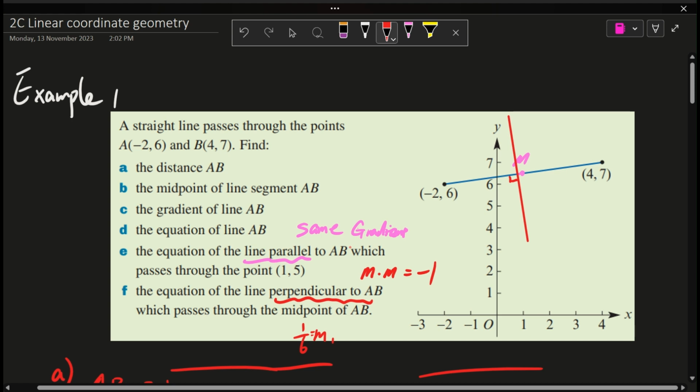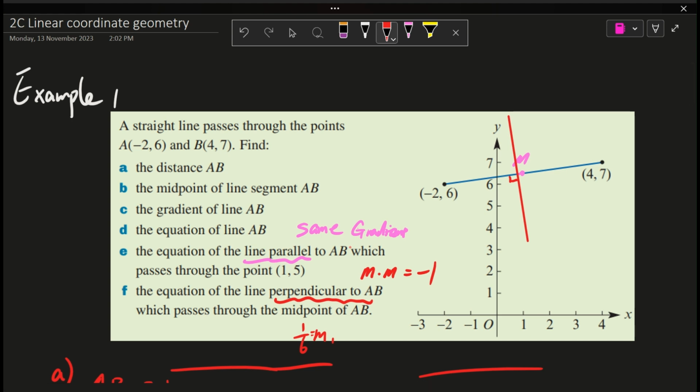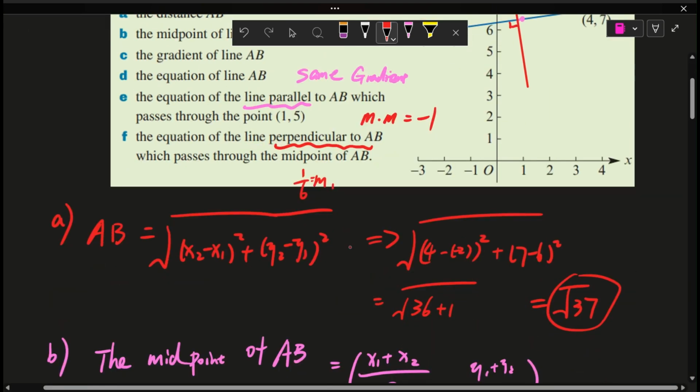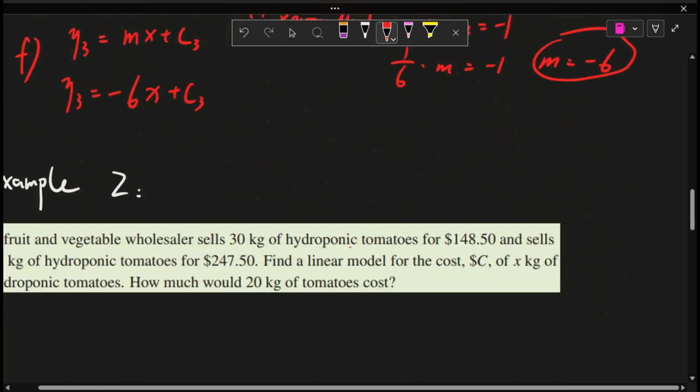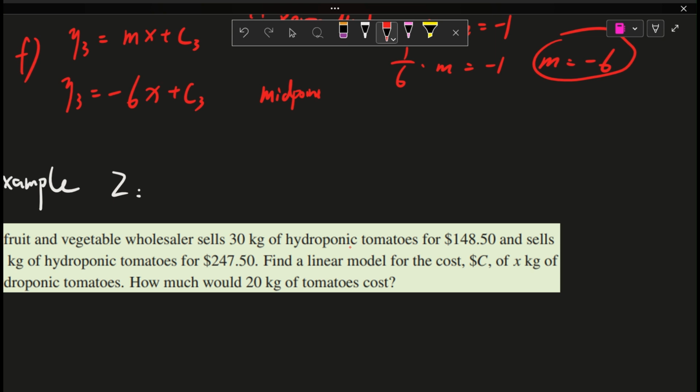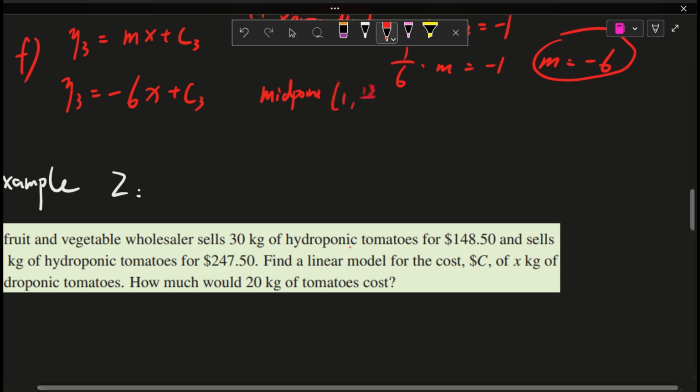And how do we find this? Does anyone remember? We can use our midpoint, because if we cross the perpendicular line, we can say, how about we cross the midpoint? Your midpoint is (1, 13 over 2), so you know that point already.